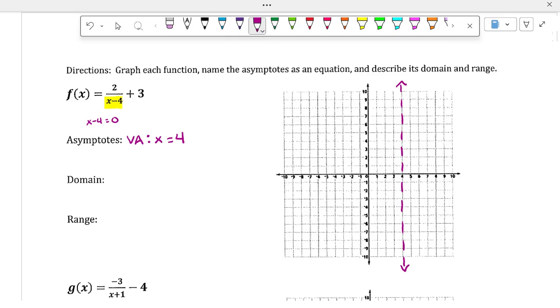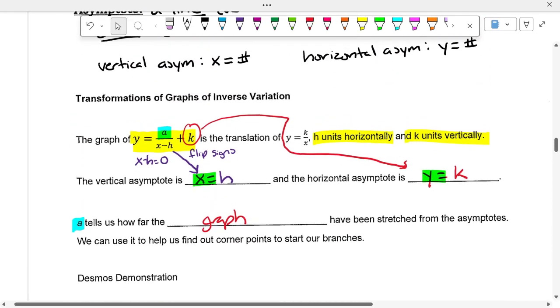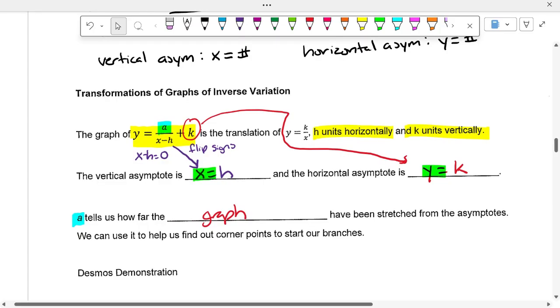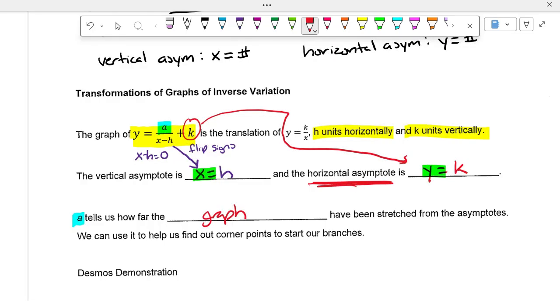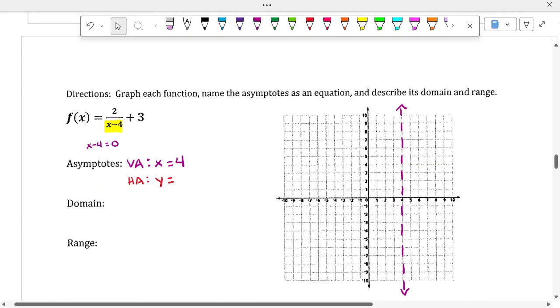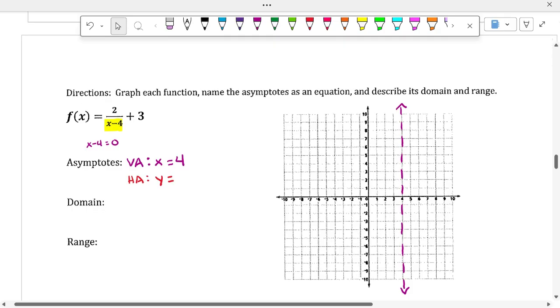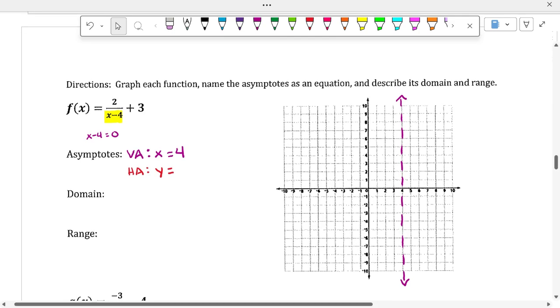All right. Now, our horizontal asymptote. So that's y equals. What did I say your horizontal asymptote always is? So if we look back on the previous page, what does it say the horizontal asymptote always is? Y equals k. Well, what's my k value here? 3.